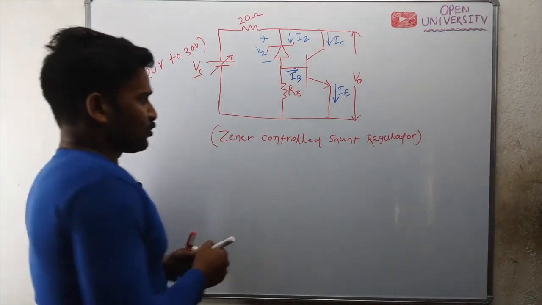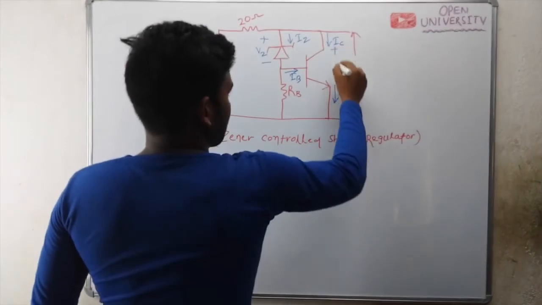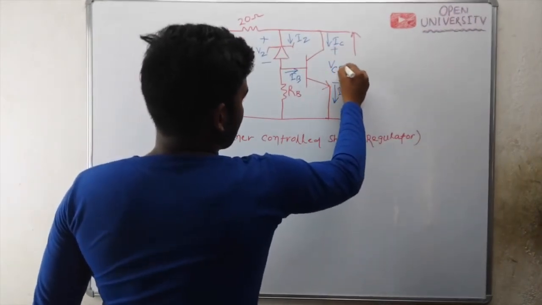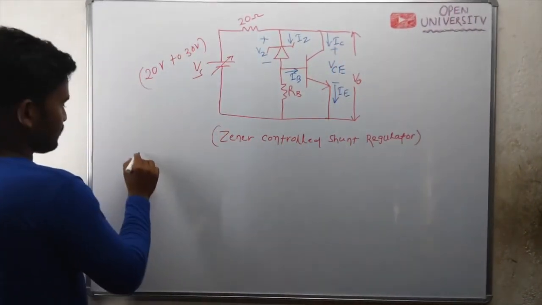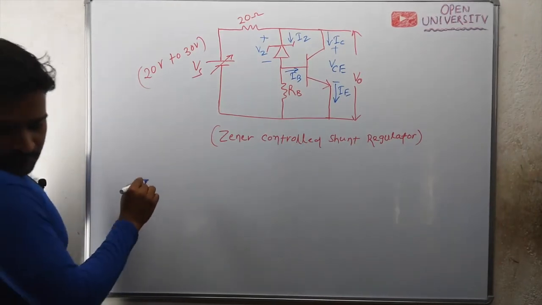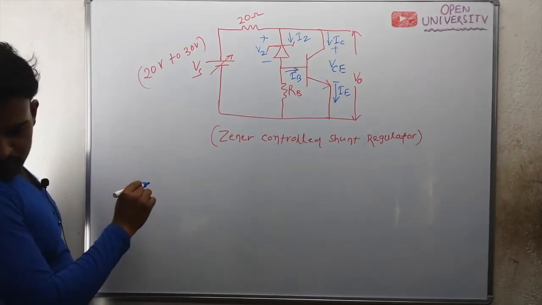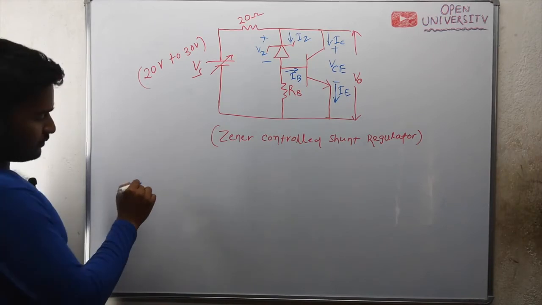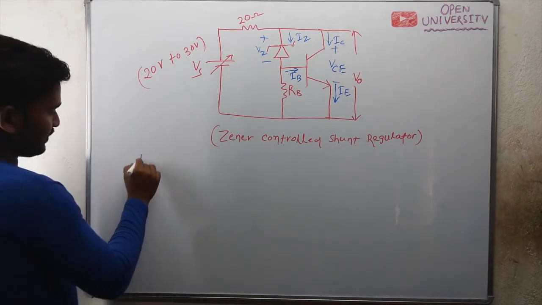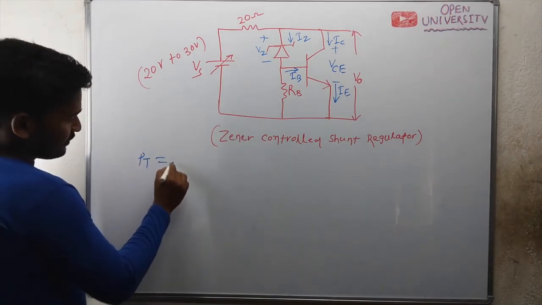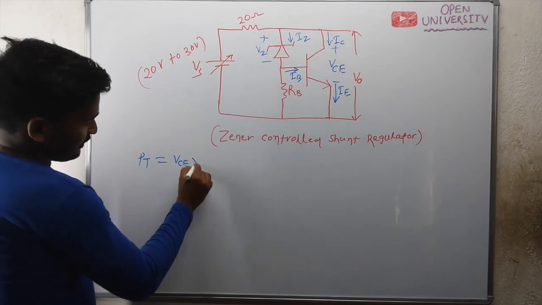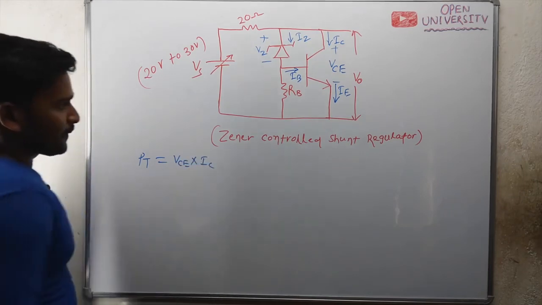Power dissipation in the transistor will be VC into IC.